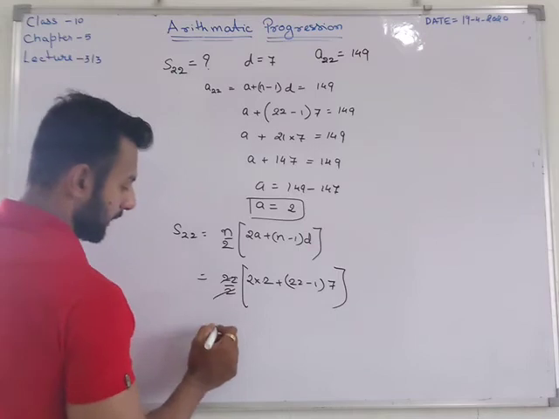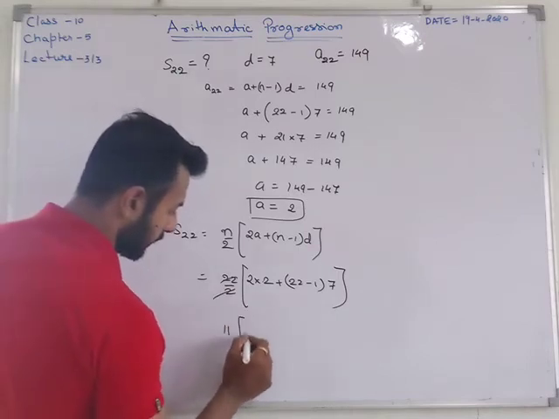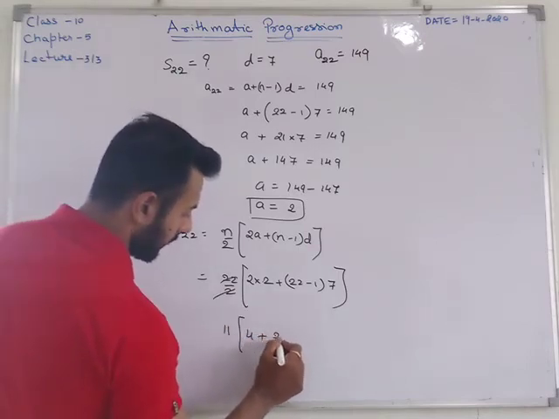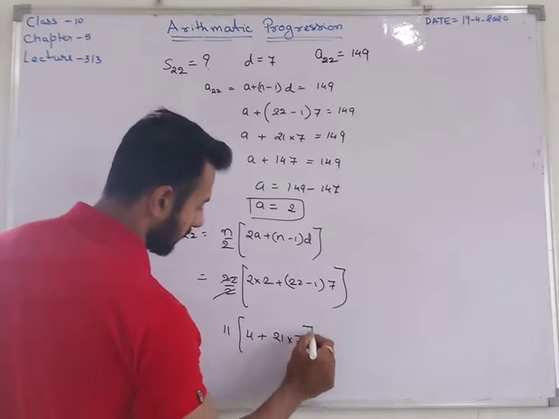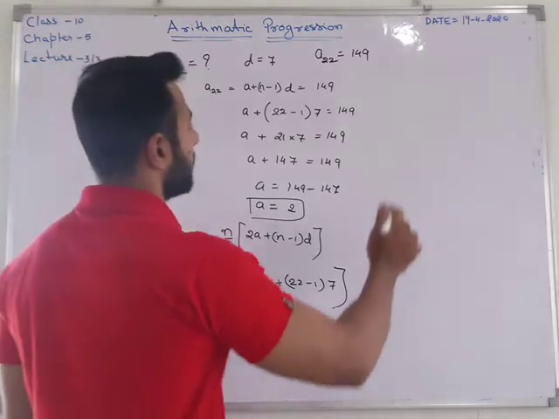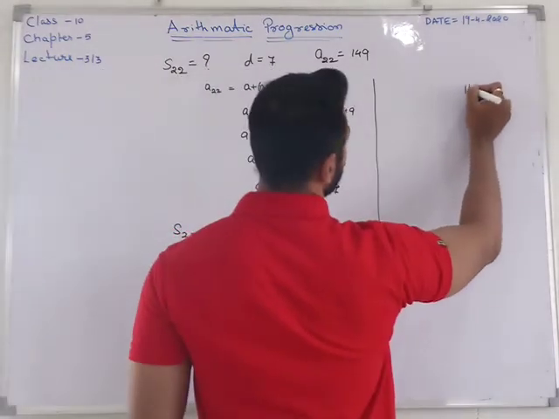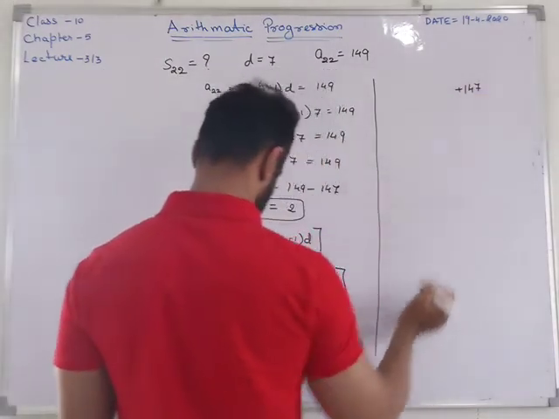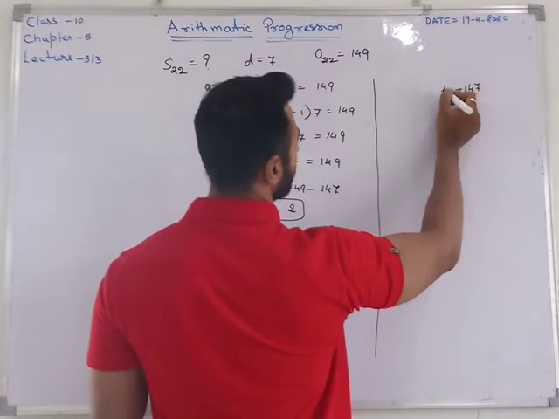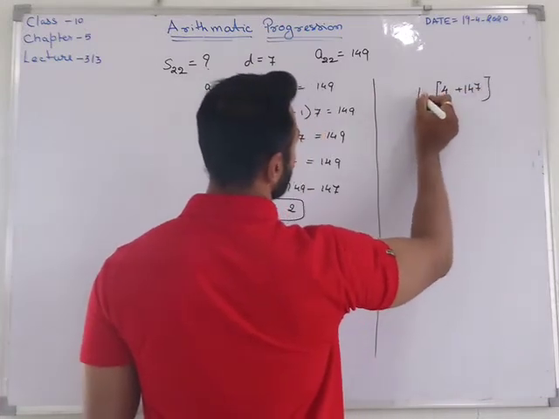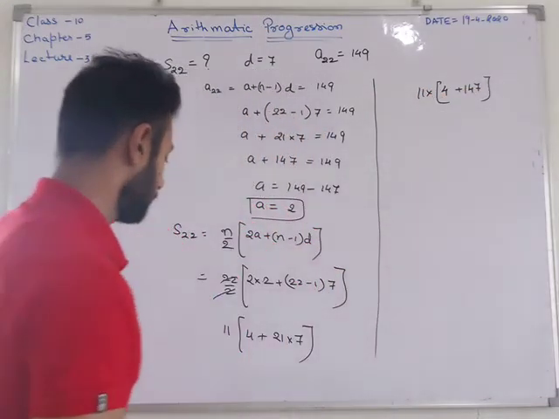Solving this, we will be getting 11 times (4 plus 21 into 7). 21 into 7 will be 147, plus 4, into 11.